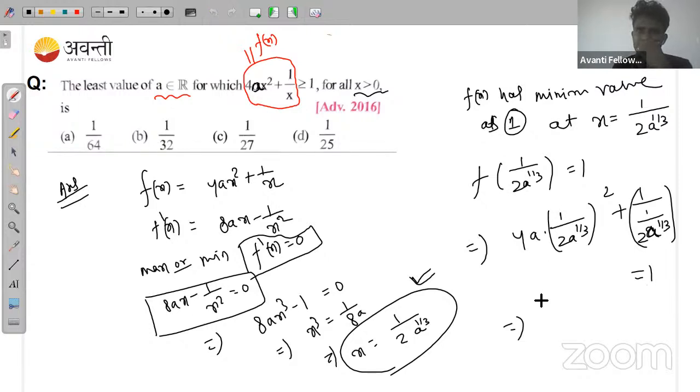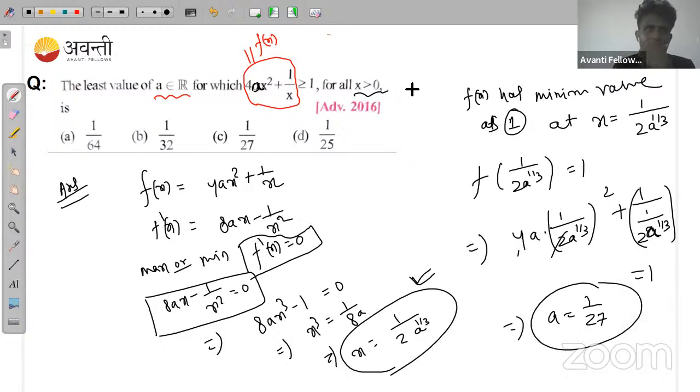This 4 will be cancelled. This is a to the power 2 by 3. It will be ऊपर जाके minus 2 by 3 हो जाएगा, इसके साथ add हो जाएगा. ठीक है. So you can easily get this value of a. Clear? I hope this is very clear.